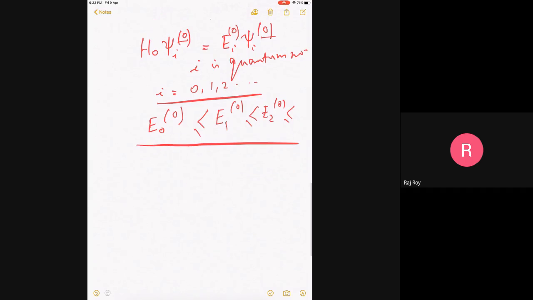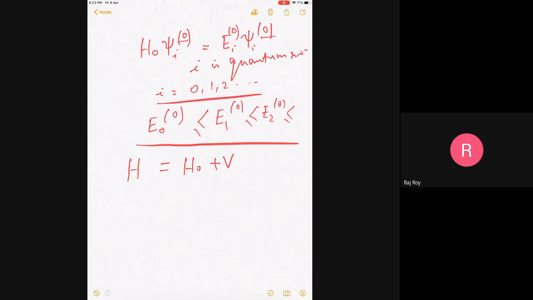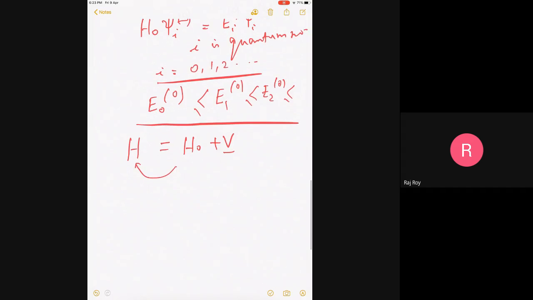Okay? So now let me write the actual Hamiltonian, the physical Hamiltonian, to show the relevance: H naught plus some perturbation. Which means on the H naught, I'm going to apply a perturbation to generate H. So the perturbation can be very easily defined as V equals H minus H naught.